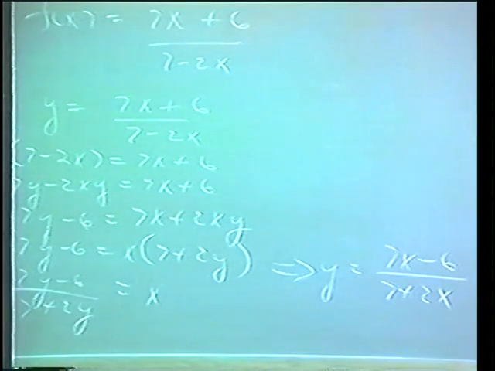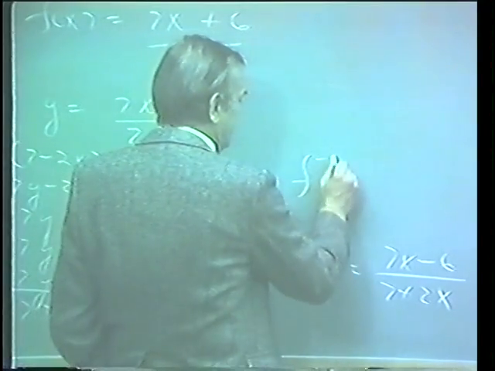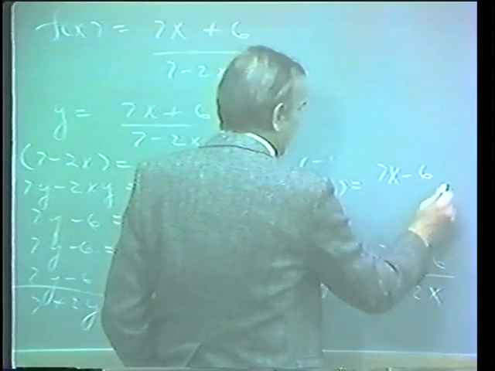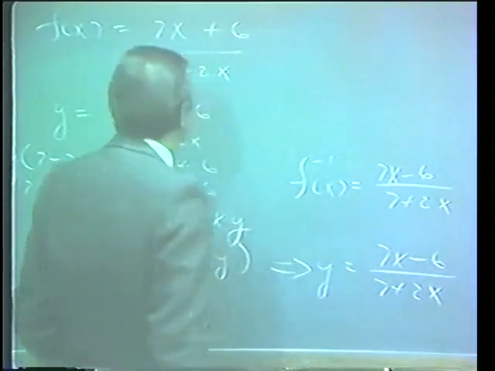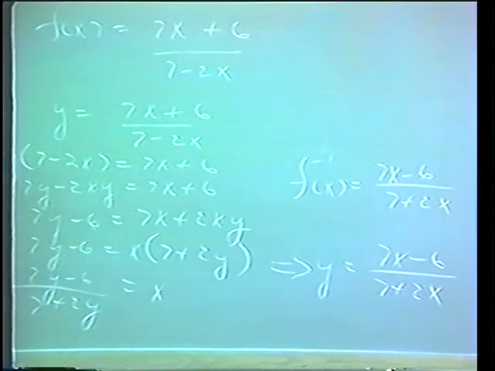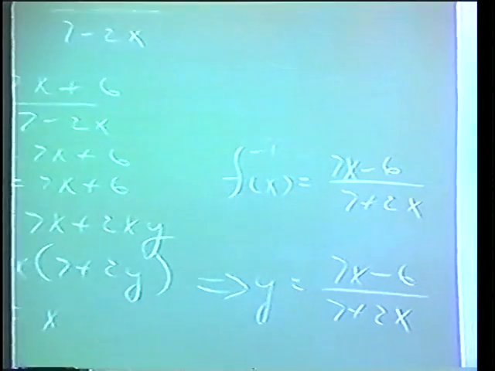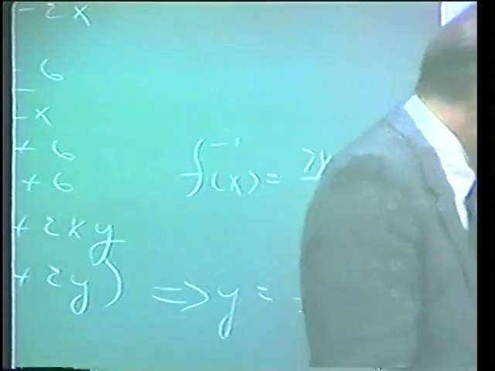Anytime you have it solved for y, you have it in functional form. This is a function. The name of this function is f inverse. So f inverse of x is equal to 7x minus 6 over 7 plus 2x. Okay?